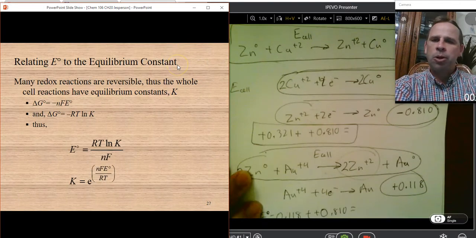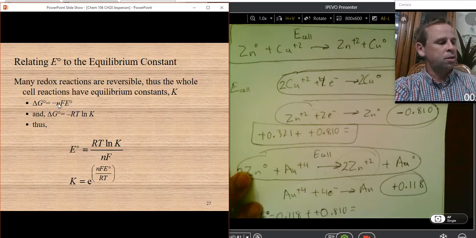So, back one more here. Delta G equals nFE, all right? Again, our free energy is related to our overall cell potential, n being the number of electrons that changes hands.